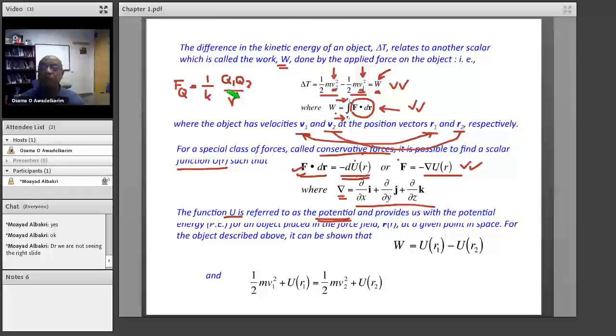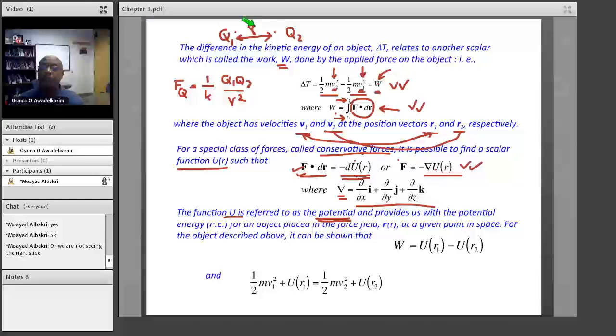This is the Coulombic force between a charge q1 and another charge q2, separated by a distance r. Okay, 1 over k, or k is 4 pi epsilon naught.